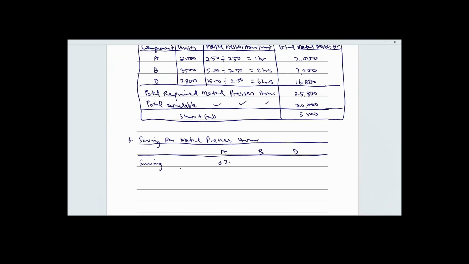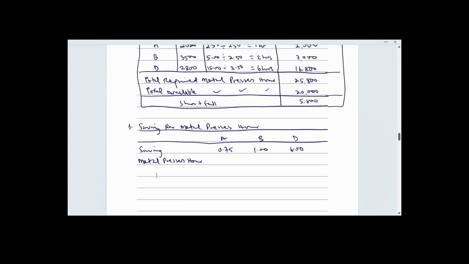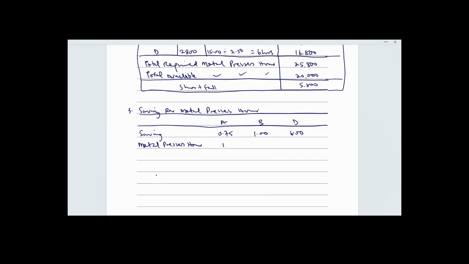Then metal presses hour per unit, we have 1, 2, 6.